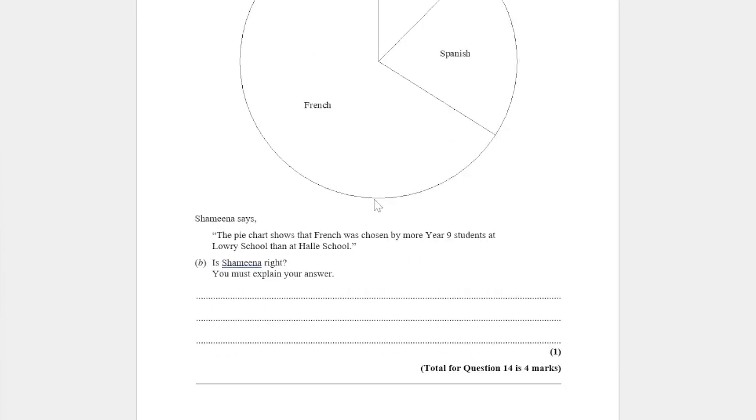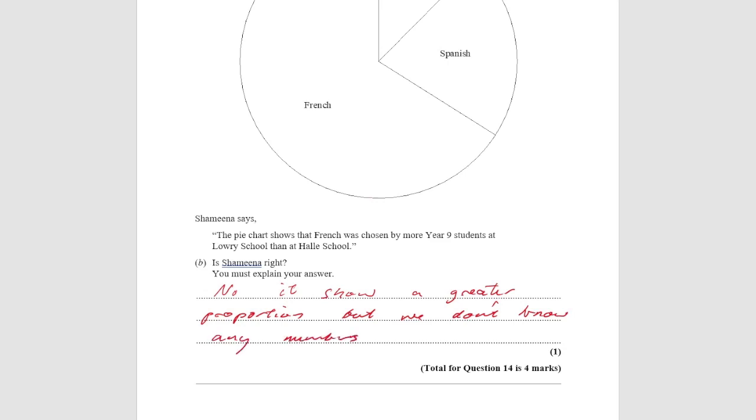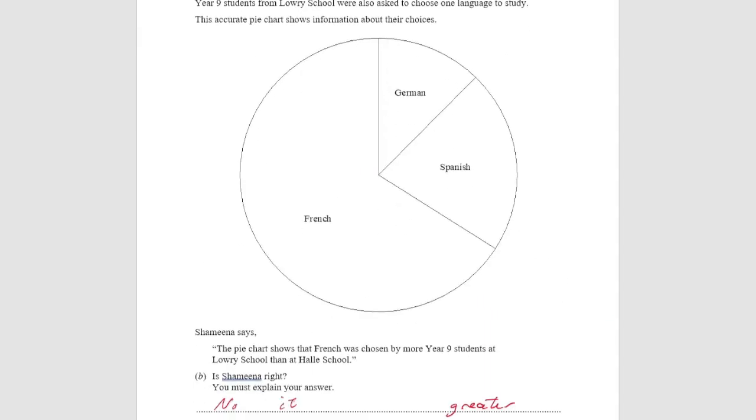So the answer is no. It shows a greater proportion, but we don't know any numbers for this second school, Lowry.